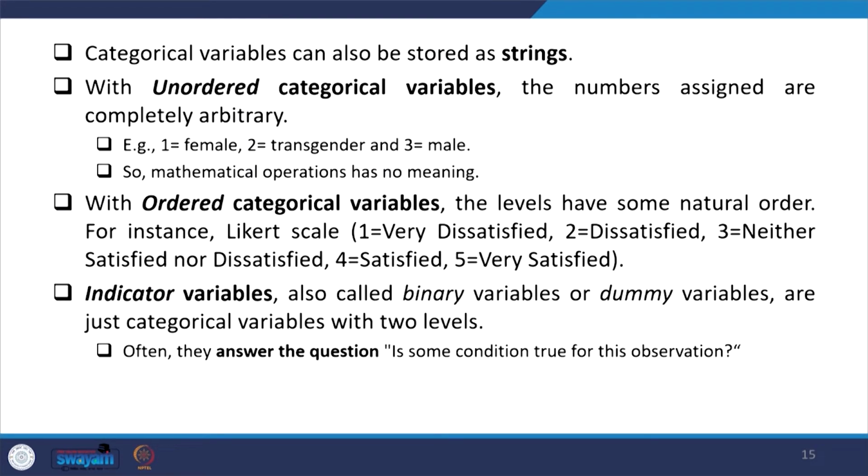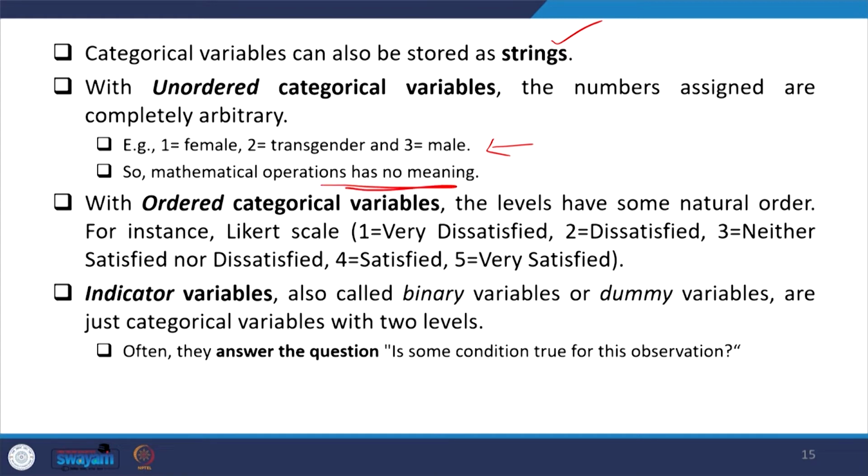Categorical variables can also be stored as strings. With unordered categorical variables, the numbers assigned are completely arbitrary. If these are completely arbitrary, then mathematical operation has no meaning.